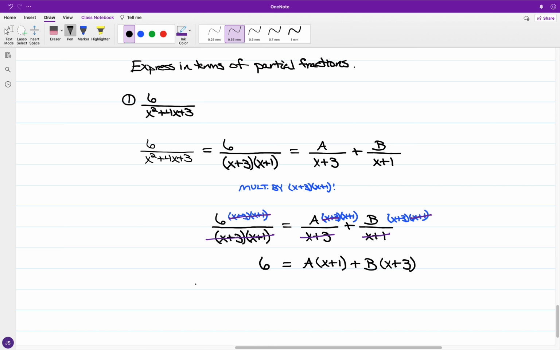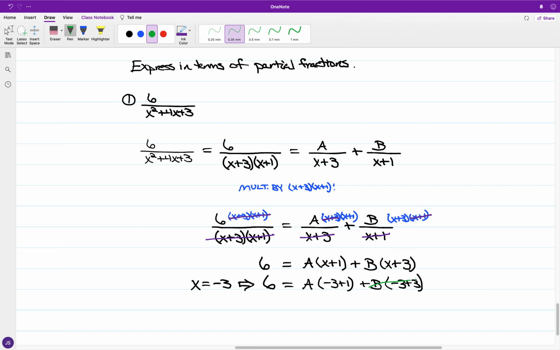And so if I take x and set it to negative 3, I have 6 equals a times the quantity negative 3 plus 1, plus b times the quantity negative 3 plus 3.